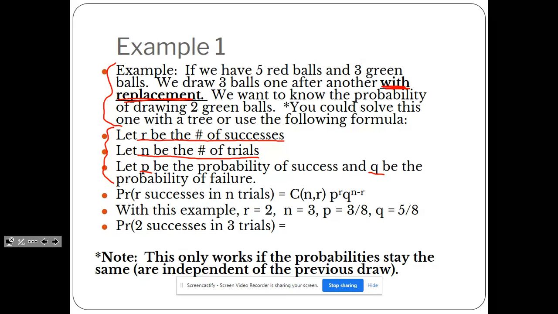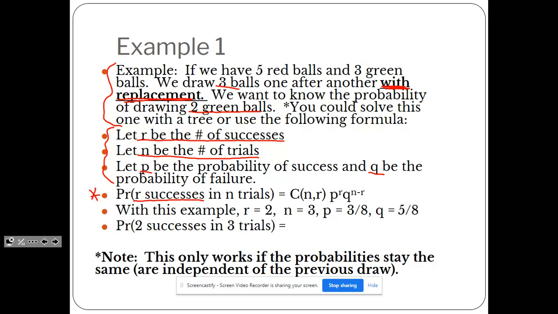This formula you're going to need to memorize and learn. If I want a probability of R successes, going back to our situation, we want a probability of drawing 2 green balls, so that would be 2 successes in 3 trials.